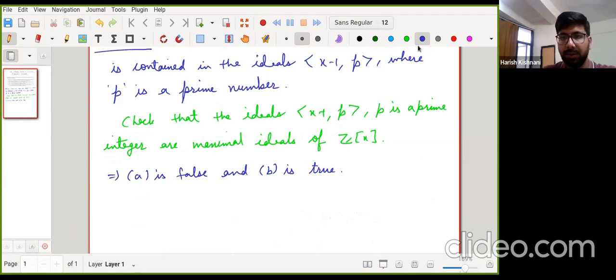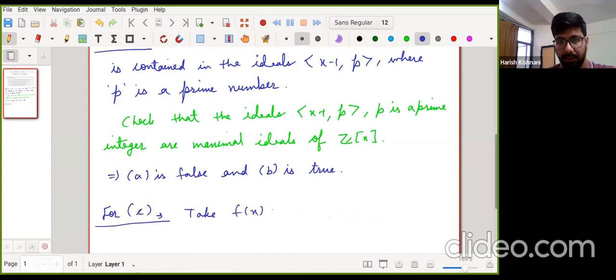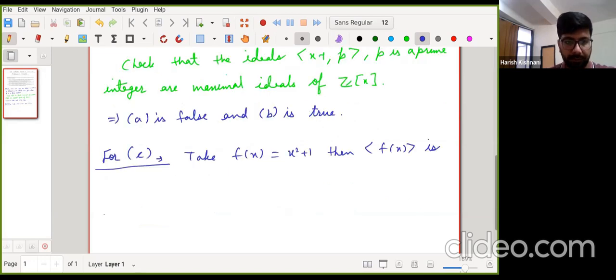So for part C, take f(x) to be just x squared plus 1, then the ideal generated by f(x) is maximal in R[x].